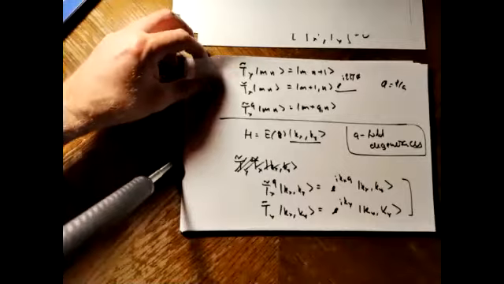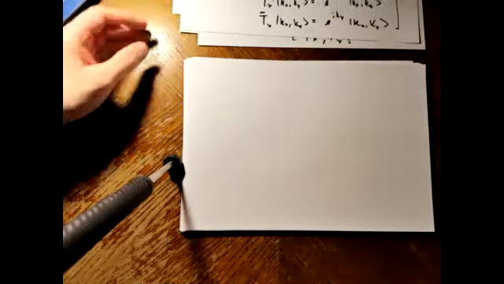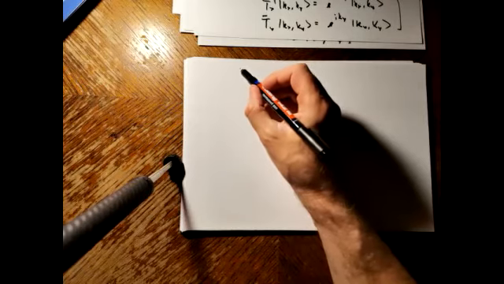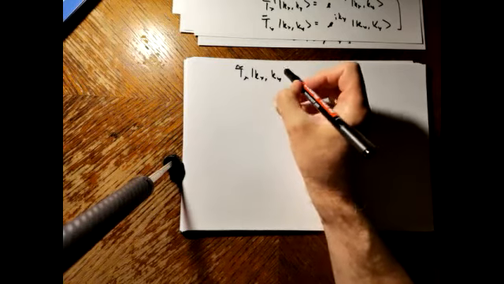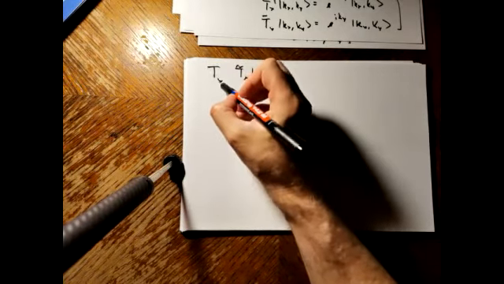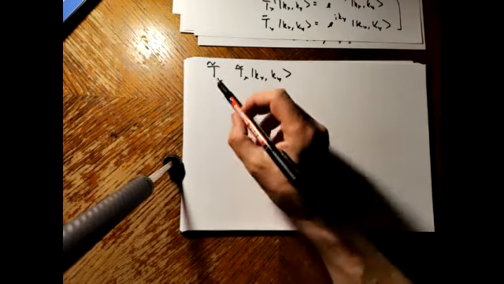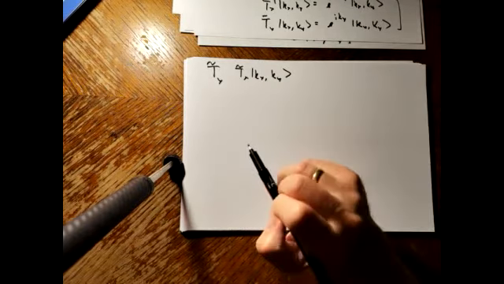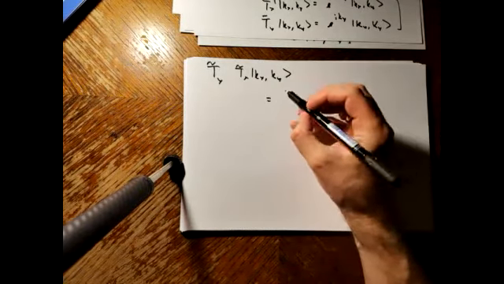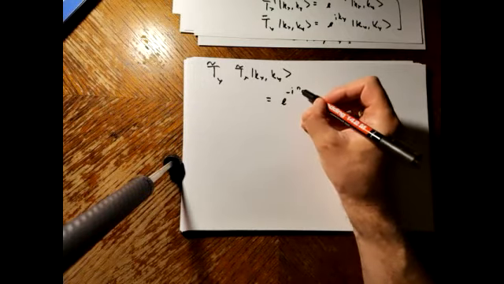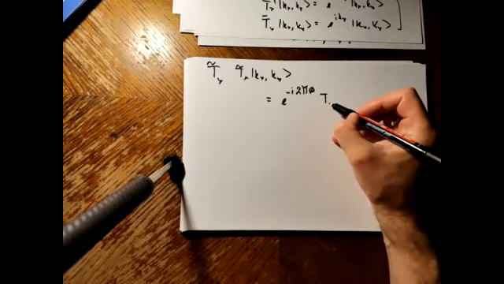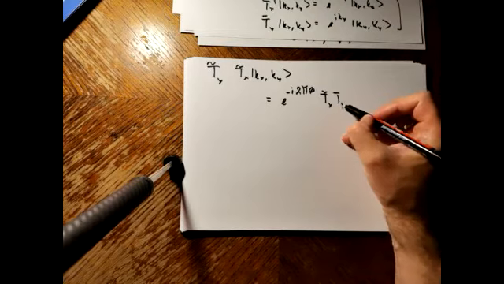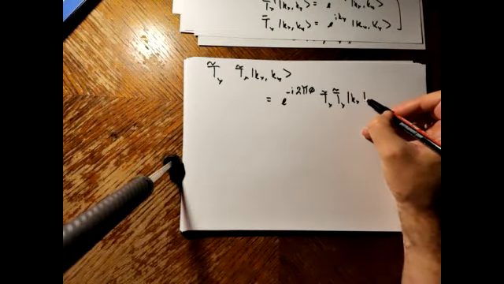So let us do that. I'm going to take the state t̃x |kx, ky⟩ and operate on this state with the operator t̃y. We know what happens if we commute t̃y with t̃x. That's going to give us e^{-i2πφ}, where φ is p over q, times t̃x t̃y |kx, ky⟩.